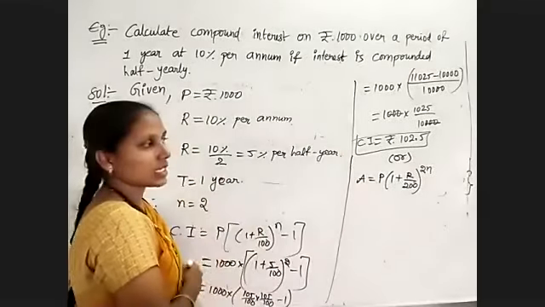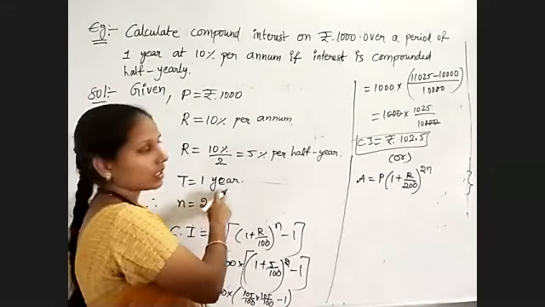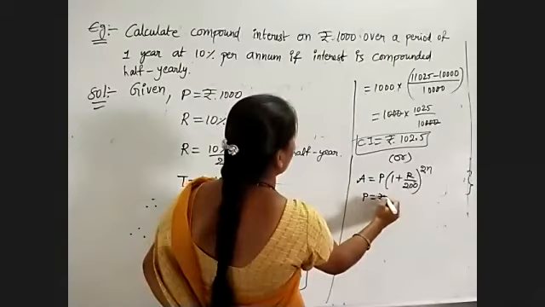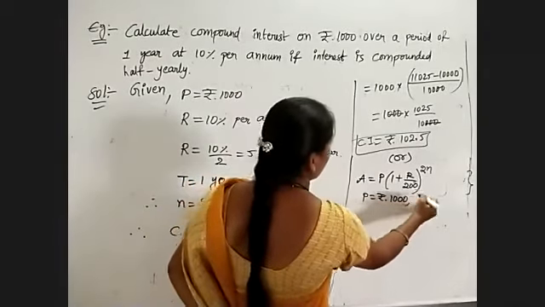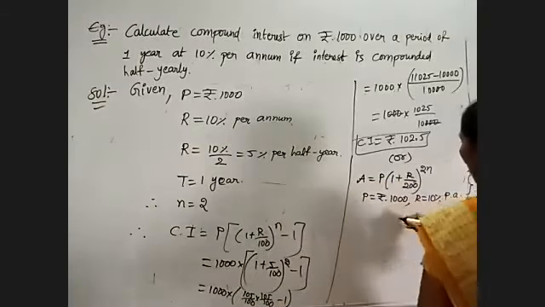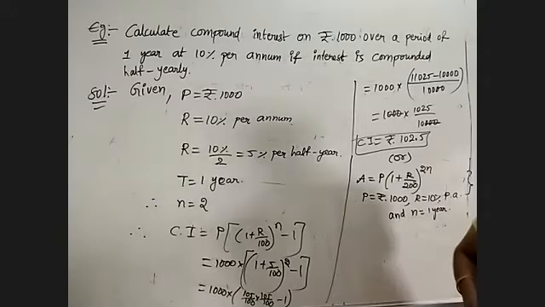Here n is whatever value they give for t, that one only we must take. According to the question, p is 1000 rupees, r is 10% per annum and n is 1 year.